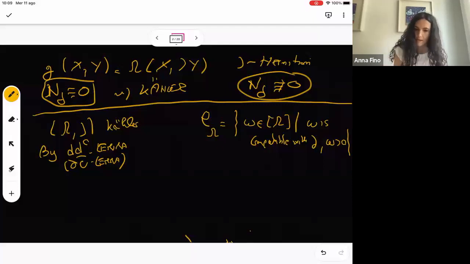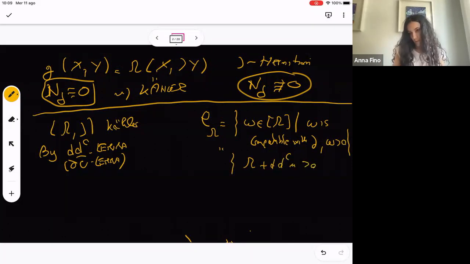We can write the same thing in this way: the set of omega-tilde such that the difference between omega-tilde and omega is an exact form, but it's also d^c-closed. So we can write it in this form, omega plus dd^c u, and we impose that this is positive, where u is just a C-infinity function.